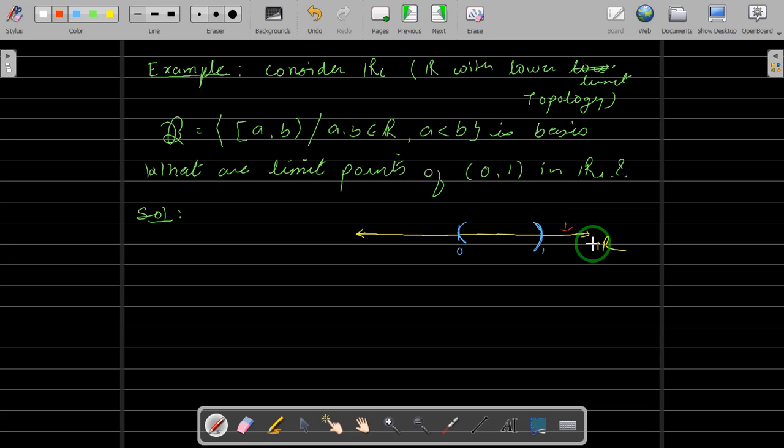So my claim is the point which is greater than 1 cannot be in the derived set of A. Why? Let us take different cases.